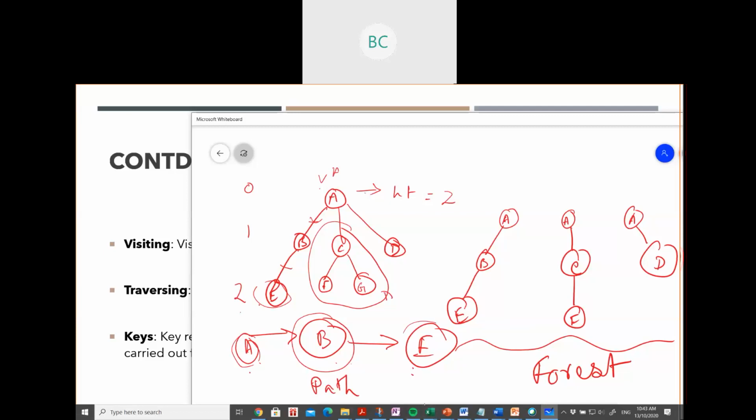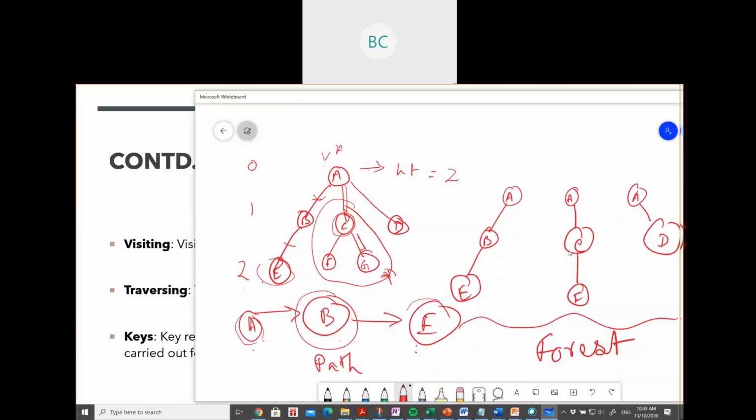So you will come here, then here. So in this path, C is your visiting node. The concepts are very simple actually, just the structure is different.